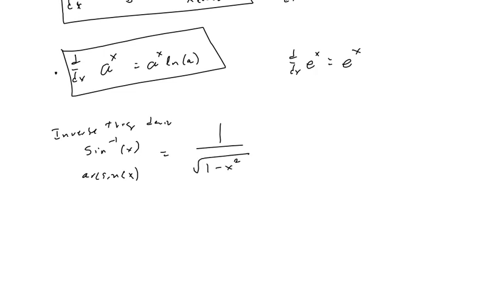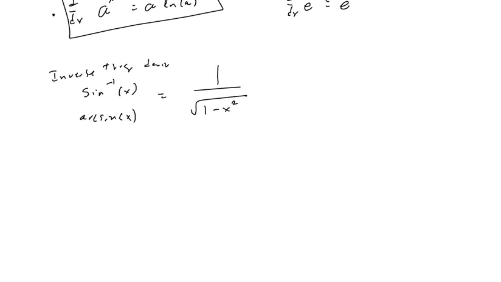So when you see this, if you have, for example, some kind of complicated looking square root with a crazy looking radical on the bottom, recognize this as the inverse sine. It's positive 1 over radical 1 minus x squared.